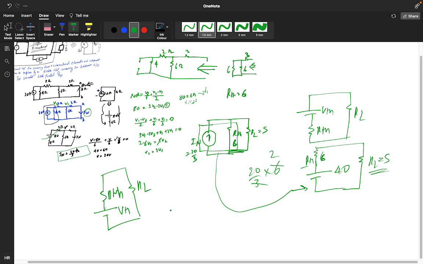What will you do? VTH by RTH. So this will become your IN current, that is VTH by RTH, and write RTH, not like this, and draw your RTH in parallel to this, and draw your RL. So vice versa, in both ways you can do it.